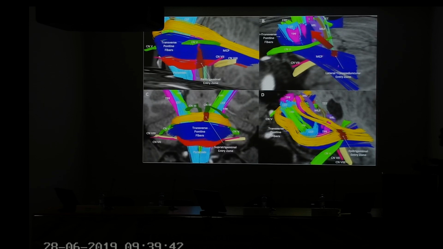If you have some disease, some cavernoma here, this is the best approach, the lateral transpeduncular entry zone, because the only fibers running here are from the middle cerebellar peduncle. You don't touch the 5 nerve, the 7, or the 8 nerve. You don't touch anything. And the corticospinal fiber tract in this approach is very far. It's very, very far.